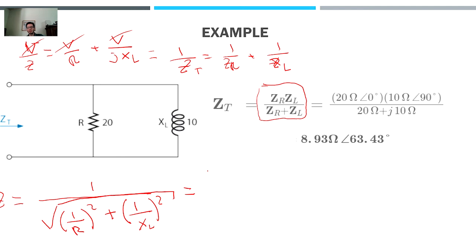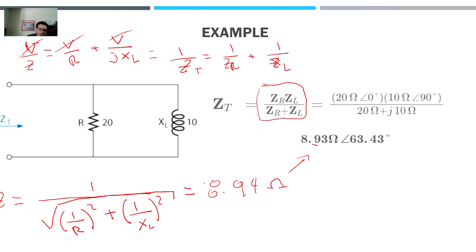If we use the calculator, we say 1 over square root. I think you should do this in your calculator so you know how to compute this stuff. 1 over square root of 1 over 10 squared plus 1 over 20 squared. If you do that, that will give you 8.94. So this is equal to 8.94 ohms, which is pretty much what we got here.